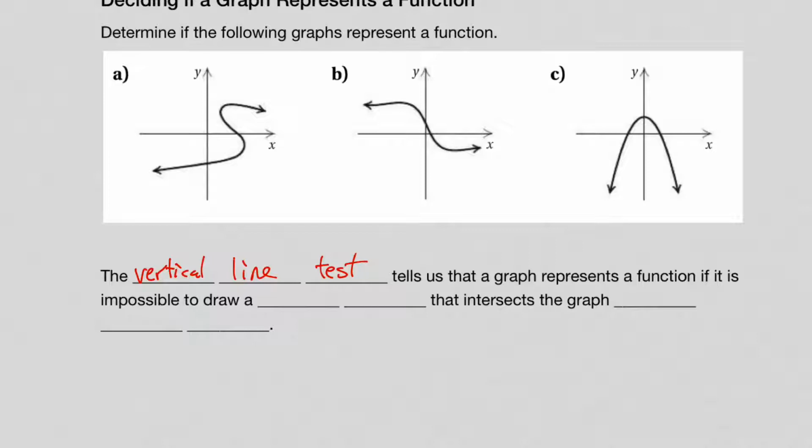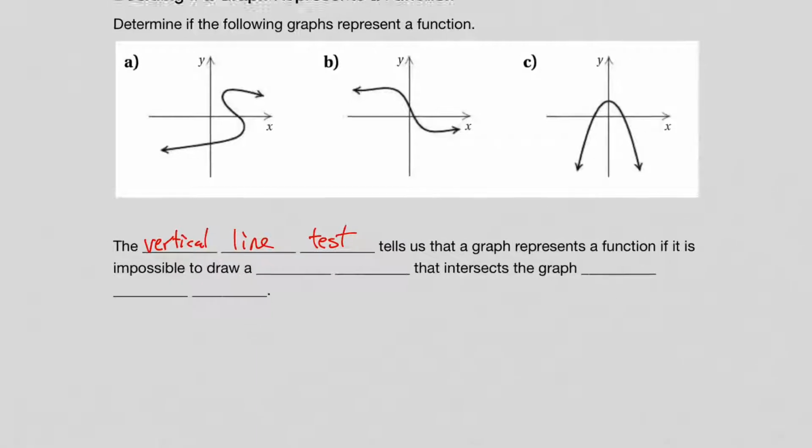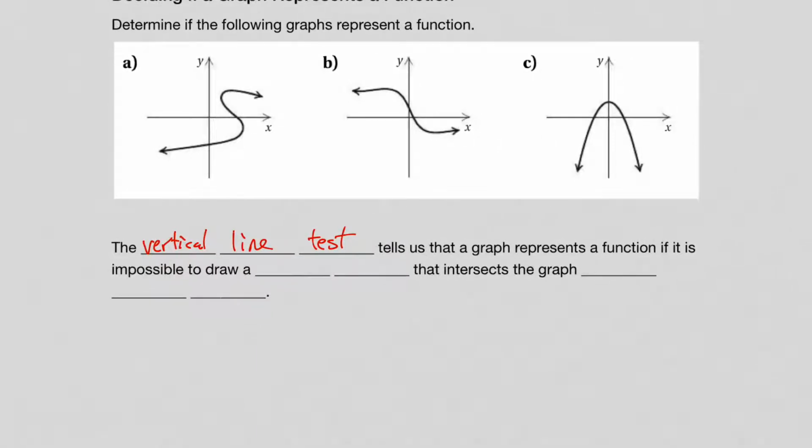The vertical line test tells us that a graph represents a function if it is impossible to draw a vertical line that intersects the graph more than once.